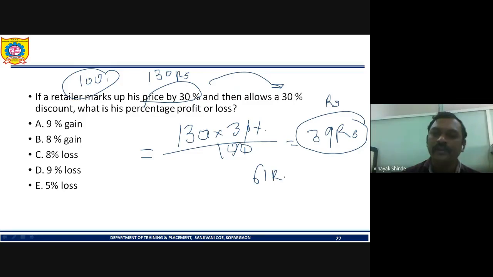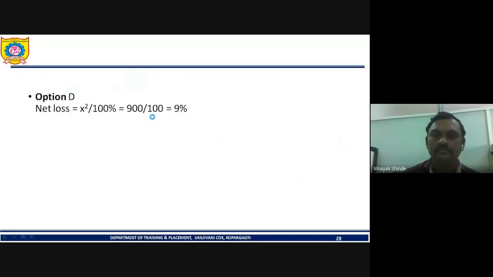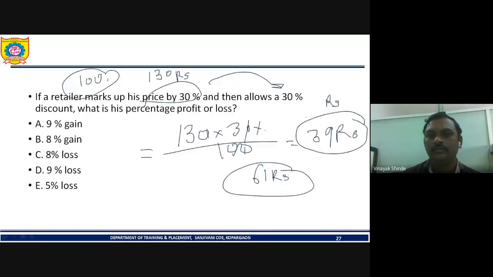In this way, if you calculate, then you may come to a wrong answer. So directly use the formula. If you give 39 rupees discount over 130, but the actual price is 100, then he will sell it for 61 rupees.